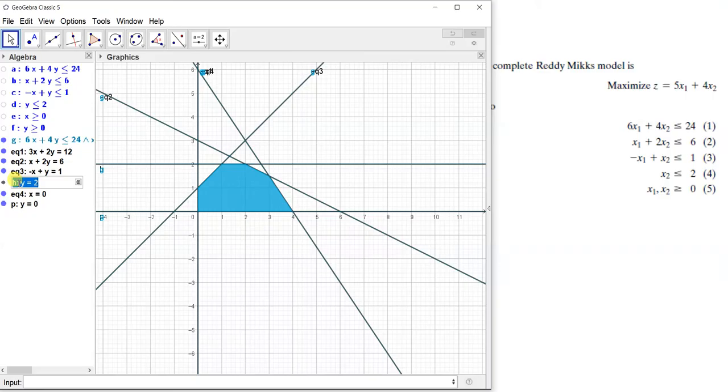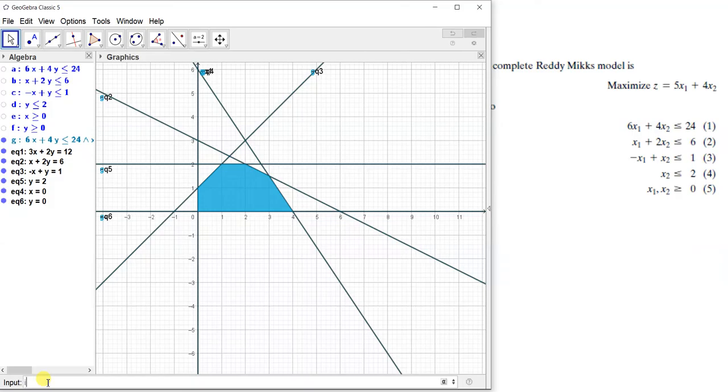So instead of h, we'll write equation 5 here, and instead of p, we write equation 6. Now we can find the points of intersection of all these lines.